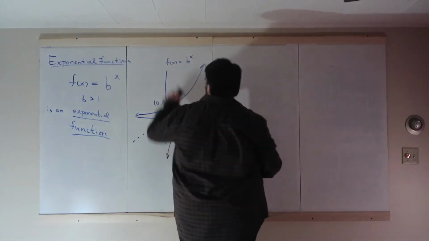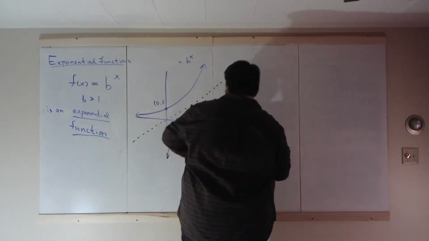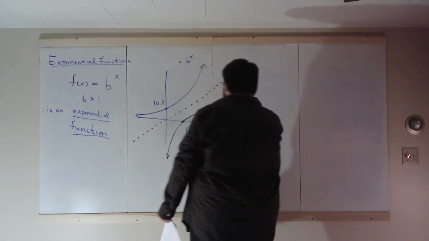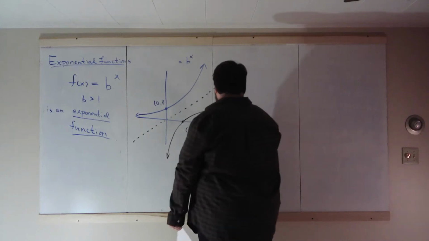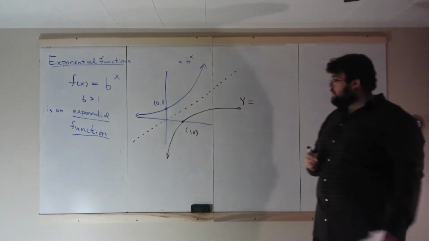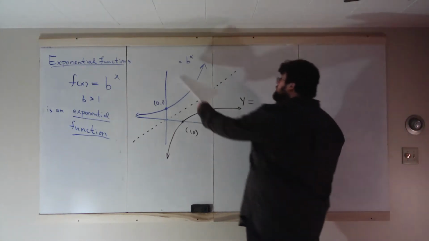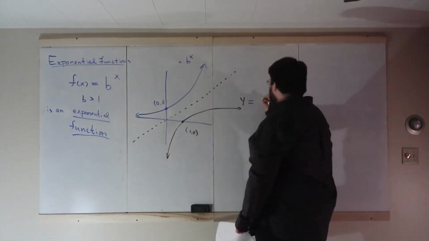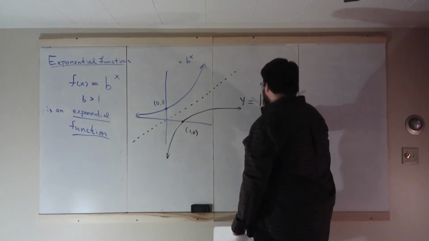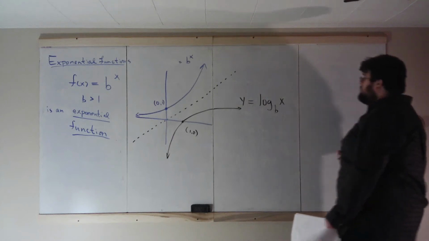Actually, I'm going to call this y equals b to the x, because down here I also use y. I could use f and f inverse. I'm just going to use y for this. So this right here, this is the inverse function for the exponential functions. We have a special name for that given base b. y equals log of x with base b.